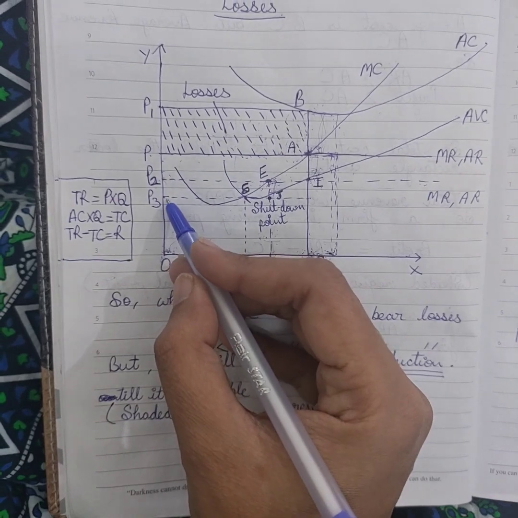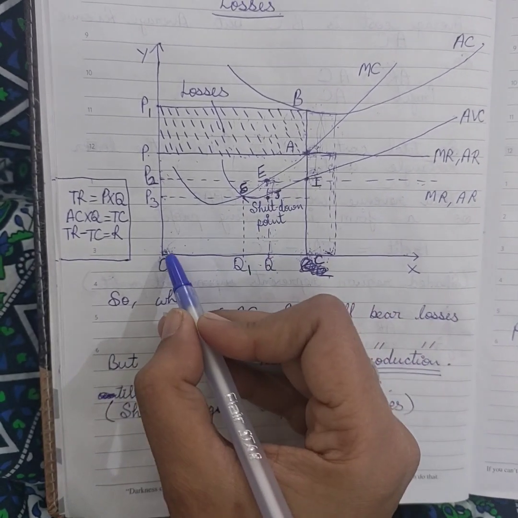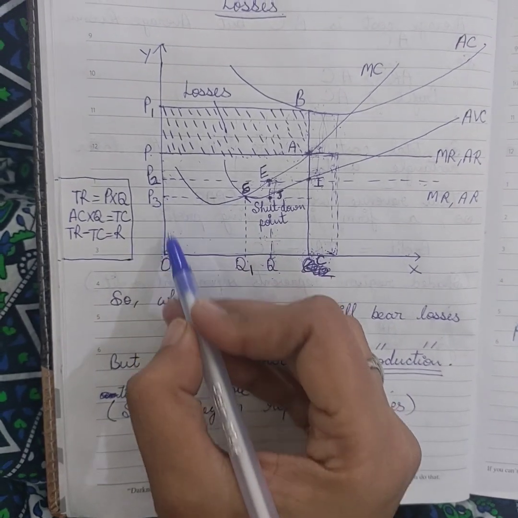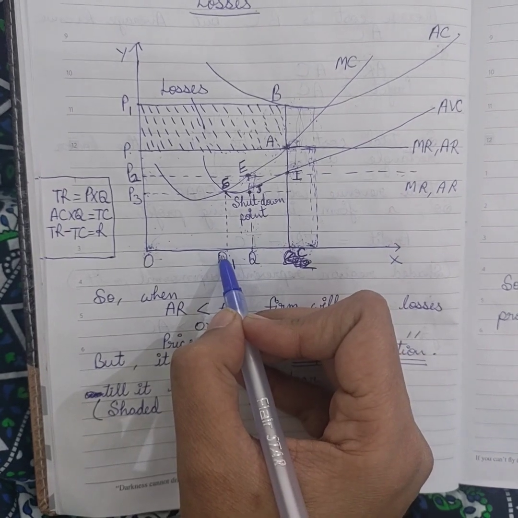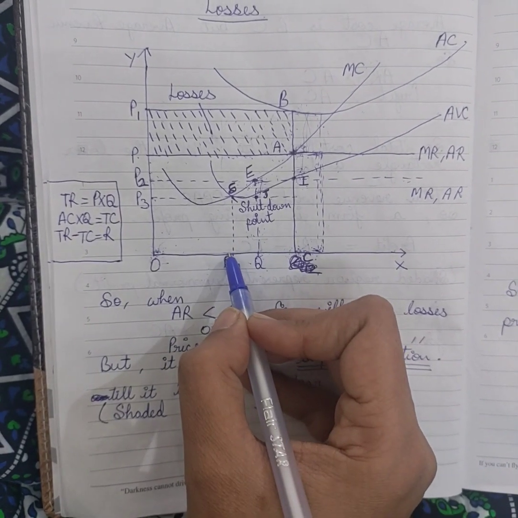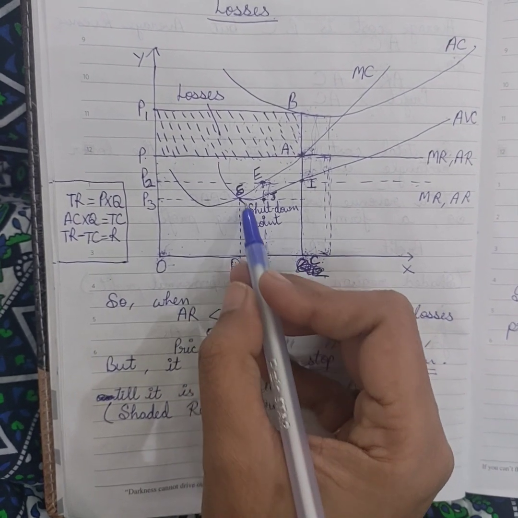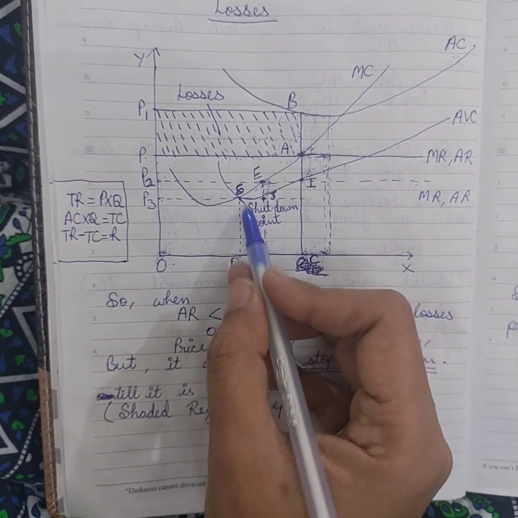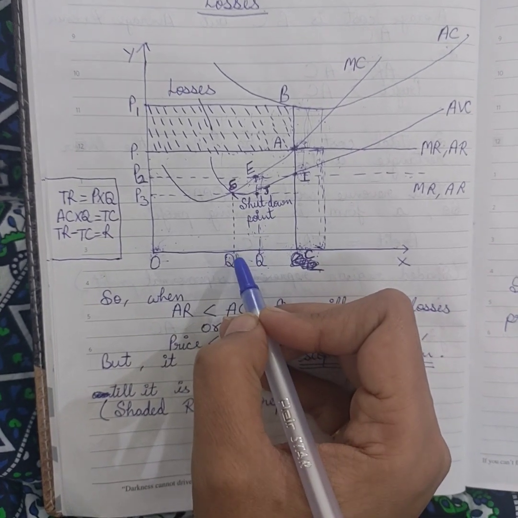Now our firm produces OQ1 quantity at OP3 price, and the average variable cost is SQ1, correct?